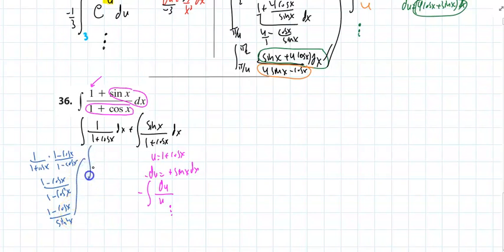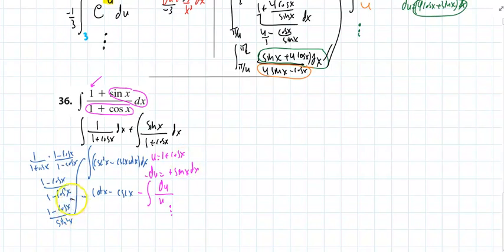And that would be the integral of what? Cosecant squared of x minus, isn't that cosine over sine, cosecant of x, cotangent of x? And wouldn't that be negative cotangent of x minus cosecant of x? And there it is.